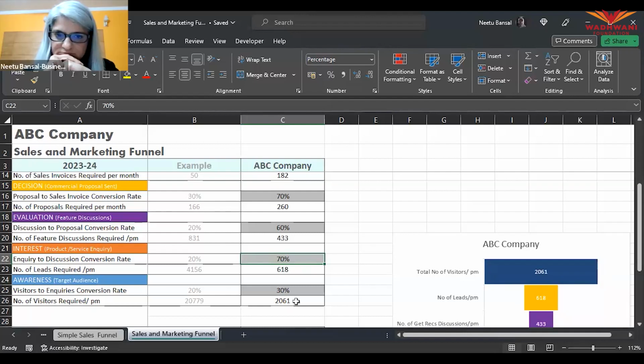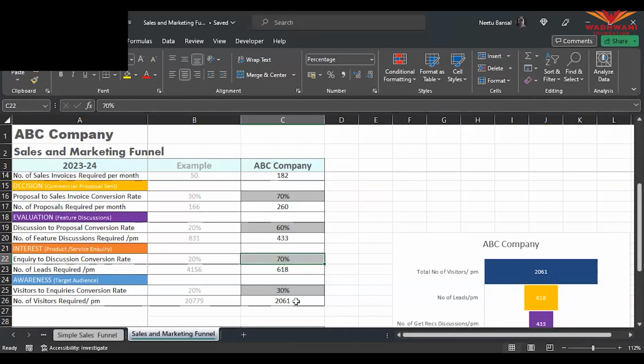Now I have to get that money back and also increase the sales. If I invested 20 lakh and I get 10,000 customers, and we go with a projection of 1,000 rupees per volume, we are making around 1 crore with 10,000 numbers. So that will cover the marketing cost as well as the product development cost.